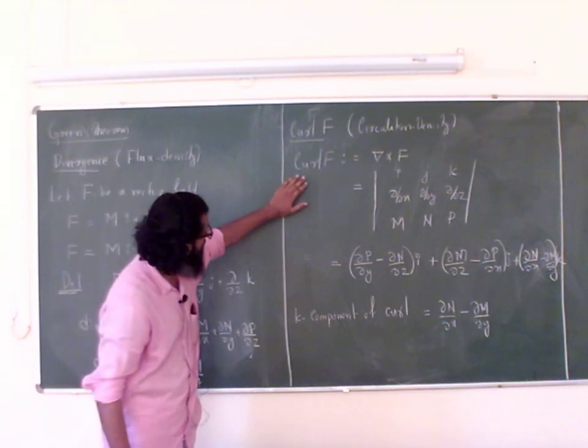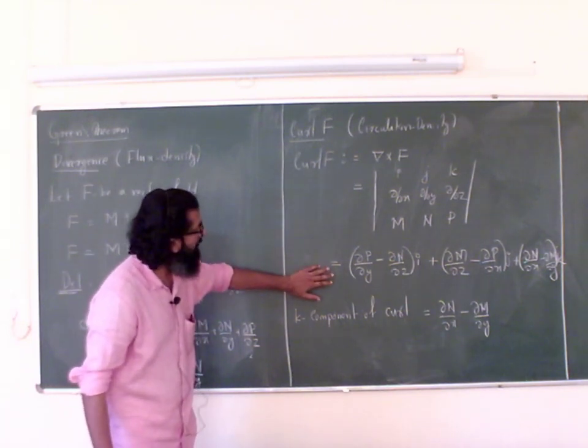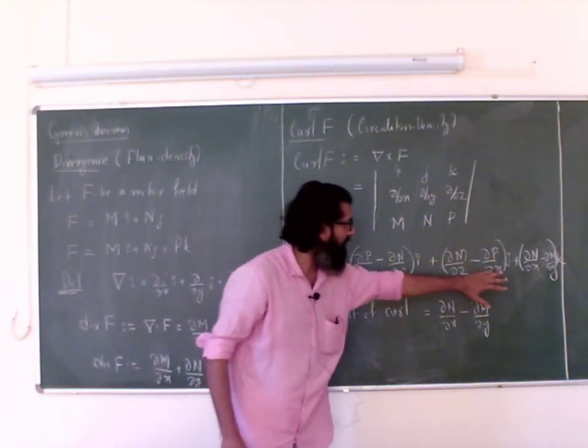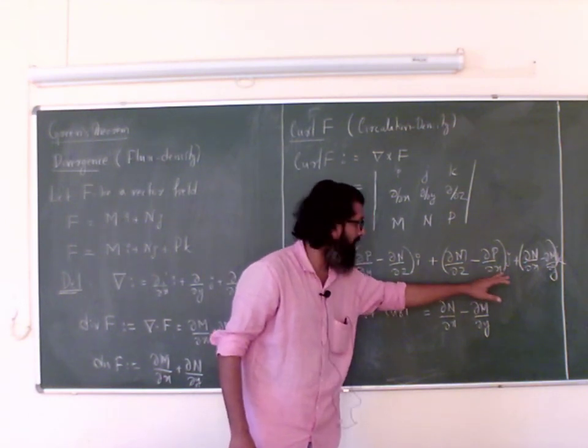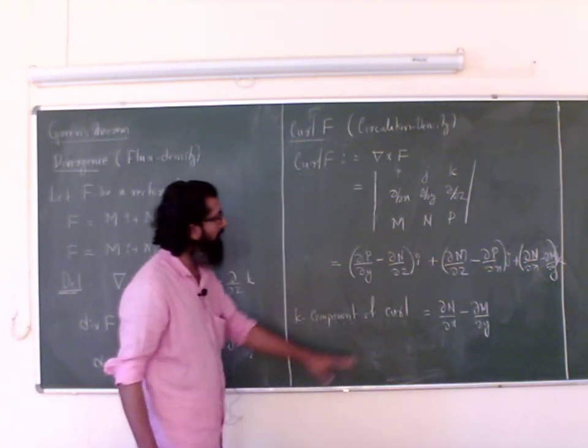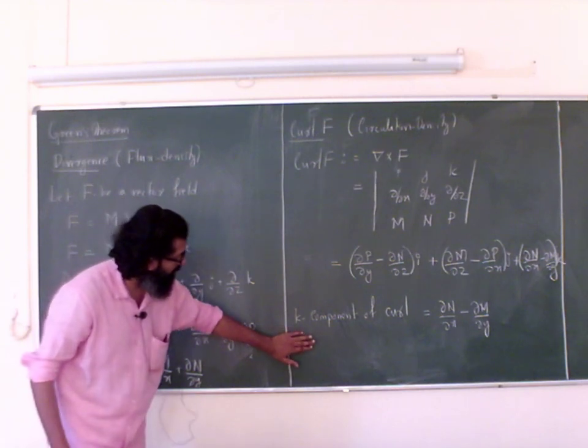So this is a formula to find curl. These things we can see from the exact differential forms. And the k component is this one.